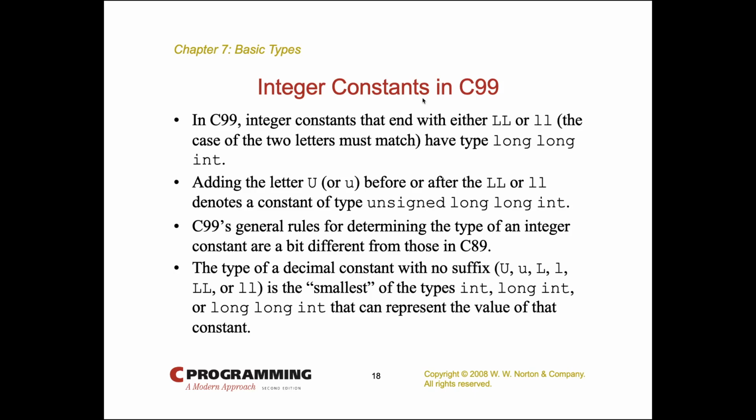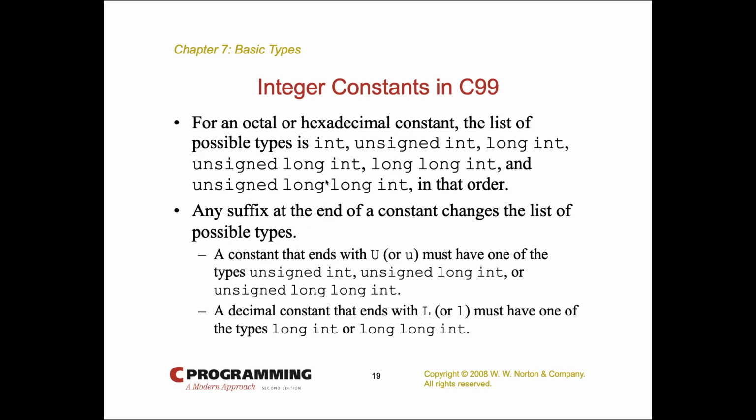Integer constants in C, LL or ll, long long integer. Okay, UU, LL, something like that. Okay. So a hexadecimal or octal constant can be int, unsigned int, long int, unsigned long int, something like that. Okay, it's the same, right?